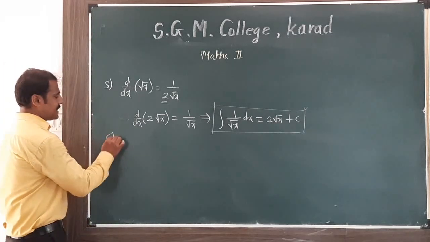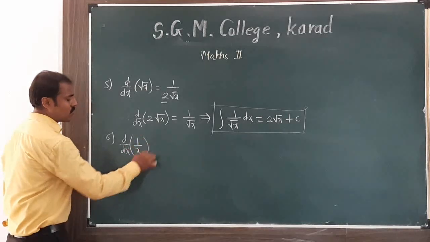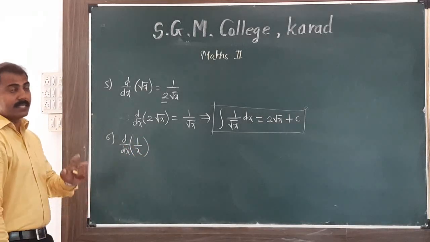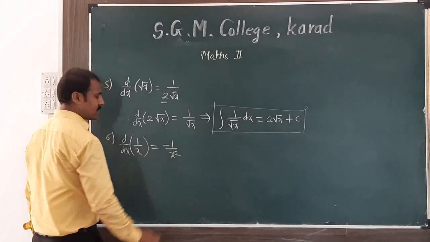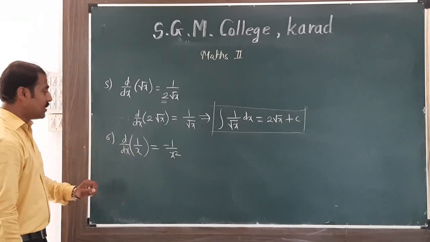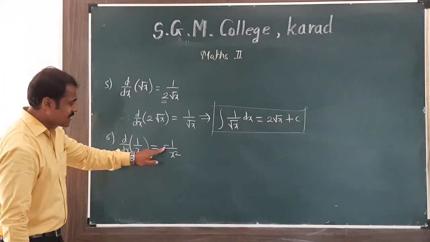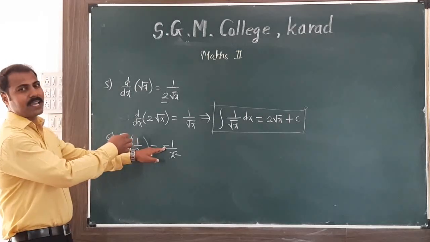Next formula is d dx of, yes, we know the derivative of 1 upon x. What is the derivative of 1 upon x? It's minus 1 upon x square. Okay, the derivative of 1 upon x is minus 1 upon x square. Now, just look here, the minus sign is there. We are not interested in that minus sign or constants.